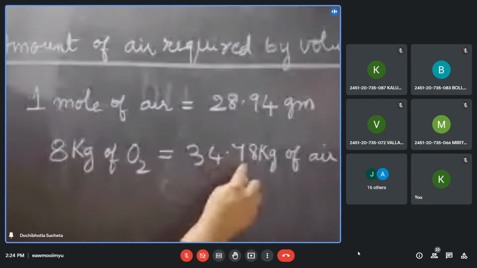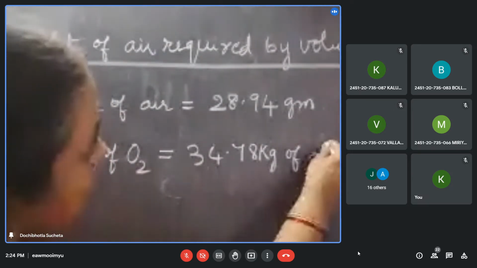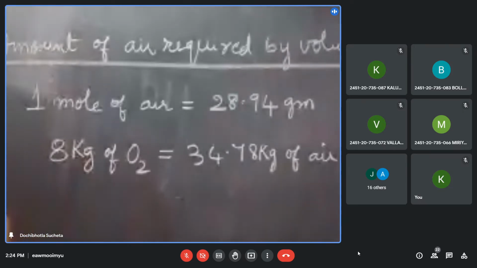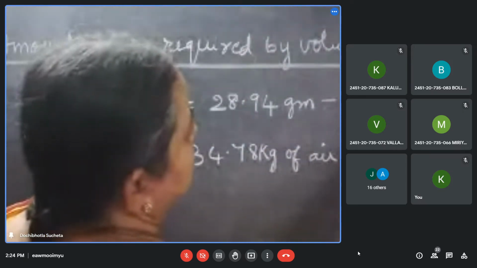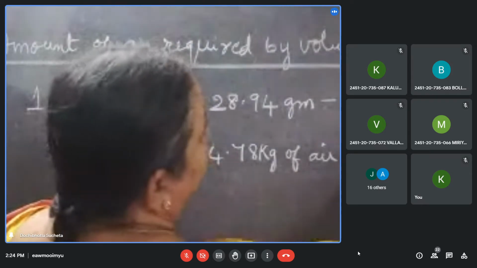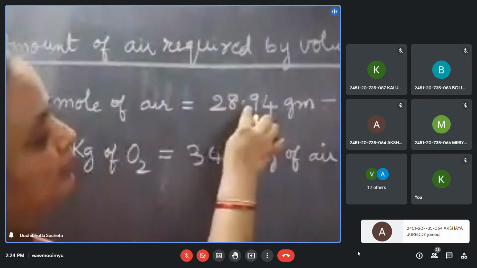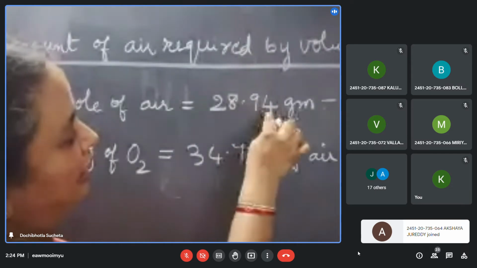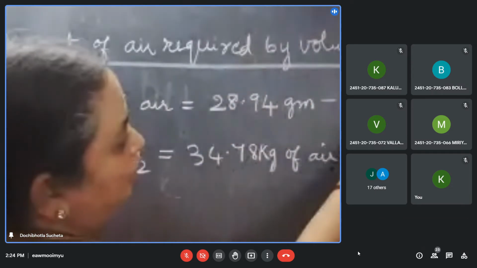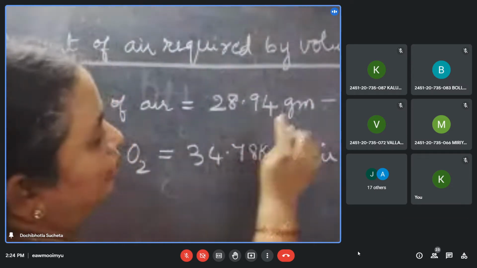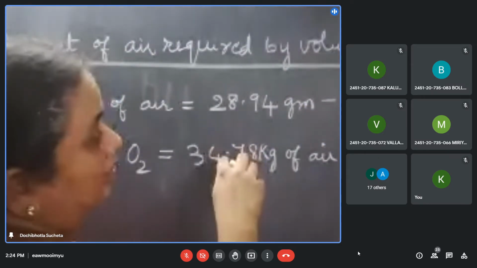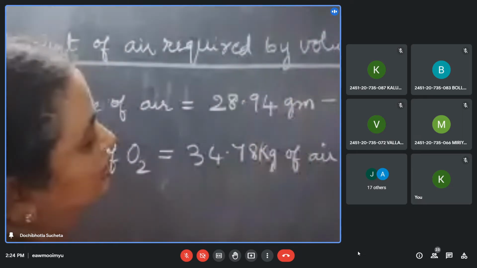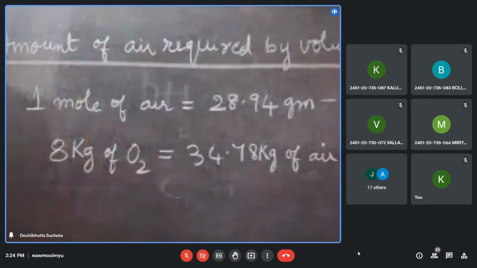Now 34.78 kgs of air occupies how much volume? 28.94 grams will occupy 22.4 liters volume. If I want to convert into kgs, it is into 10 power minus 3. Now tell me the answer.